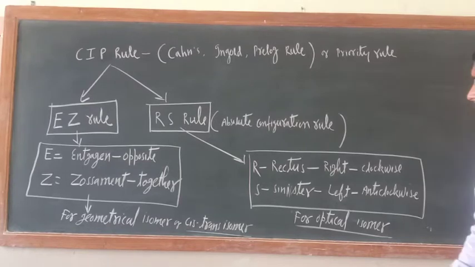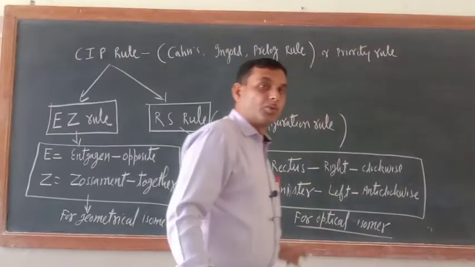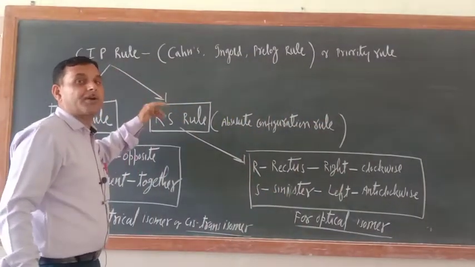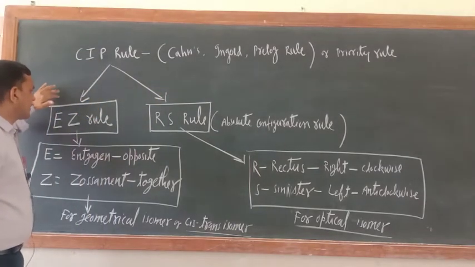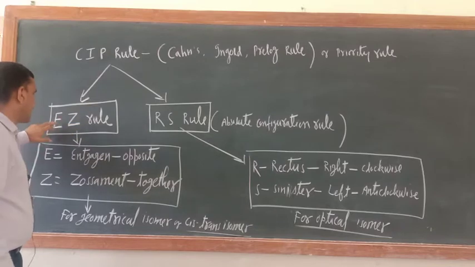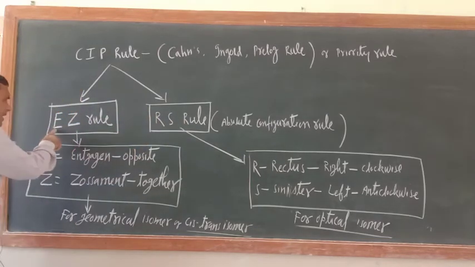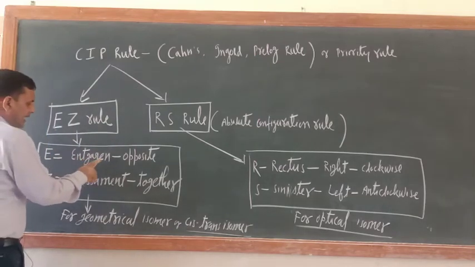They proposed a rule which is based on priority order. That is why it is known as the priority rule. CIP rule is classified into 2 categories, EZ rule and RS rule. Okay, E, this is a German word, Entgegen.